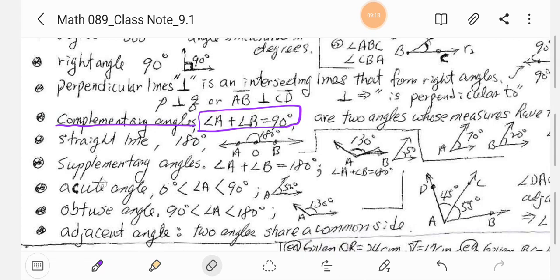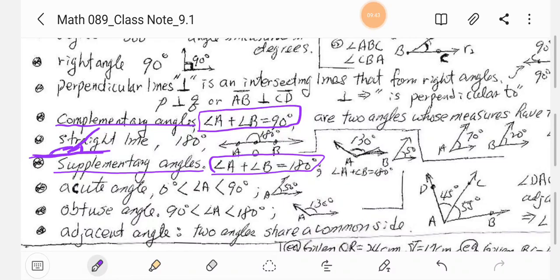How about supplementary angles? Supplementary angles means the sum of 2 angles makes what? 180 degrees. So 180 degrees means you have a straight line, right? If you divide it into 2 angles, then this angle plus this angle will be 180.